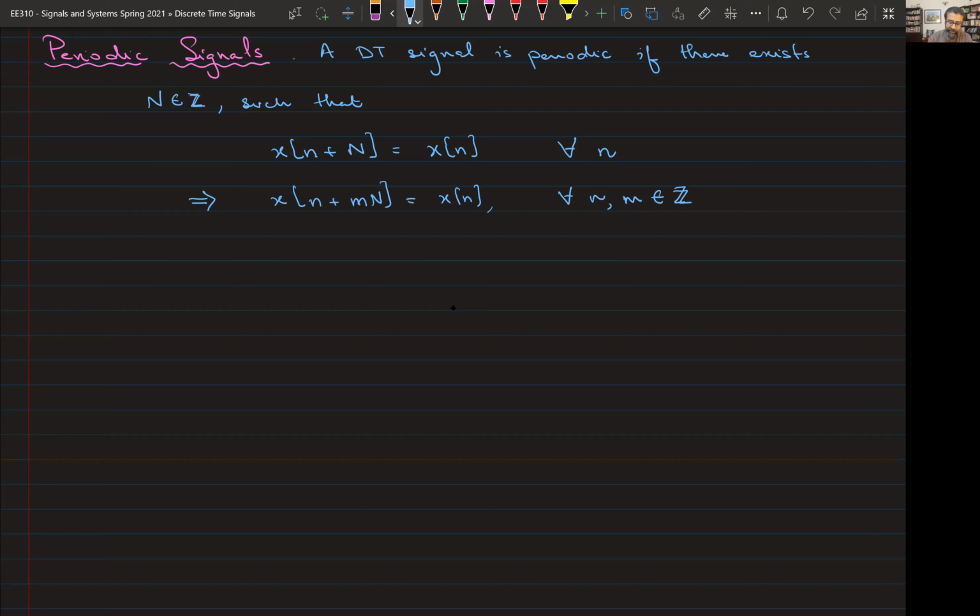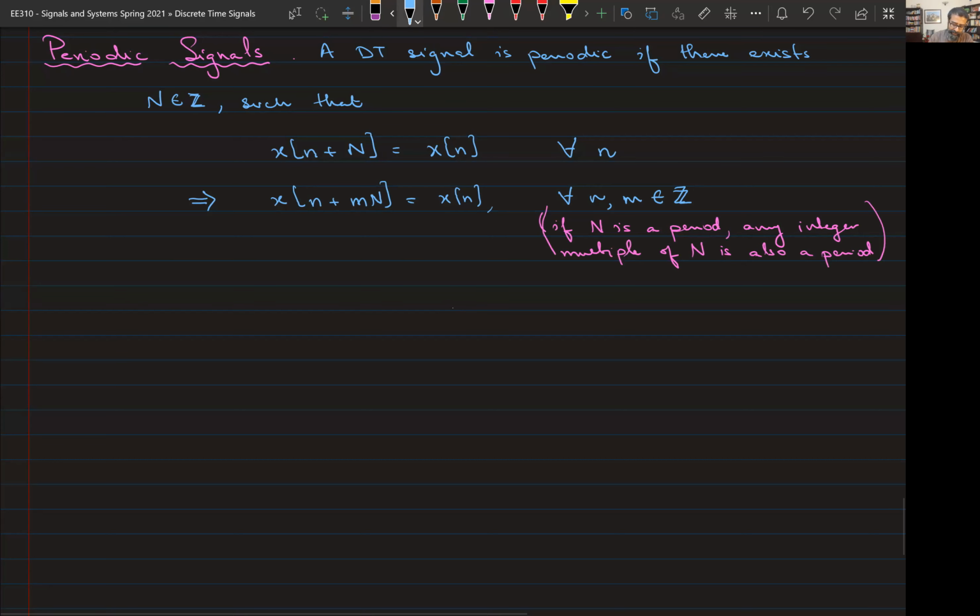In words, if N is a period, any integer multiple of N would also be a period. Fairly simple, very similar to the continuous time case.